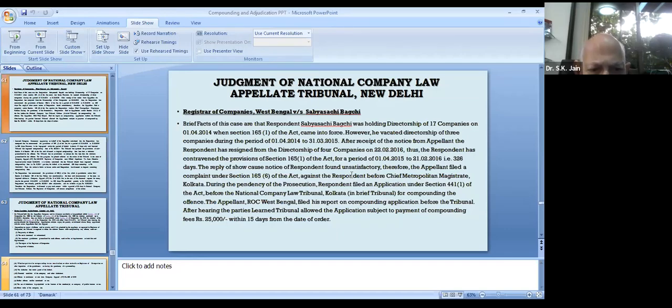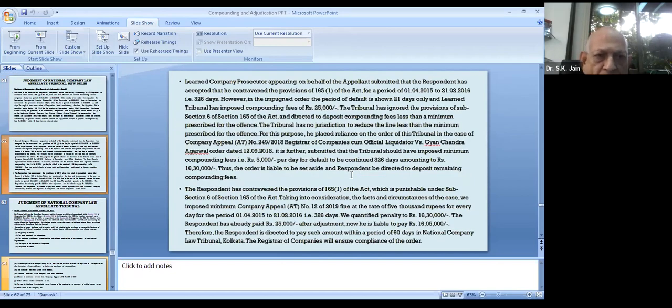The appellant ROC West Bengal filed his report on the compounding application before the tribunal. After hearing the parties, the learned tribunal allowed the application subject to payment of compounding fees of only rupees 25,000 within 15 days, and the prosecution case was then withdrawn.